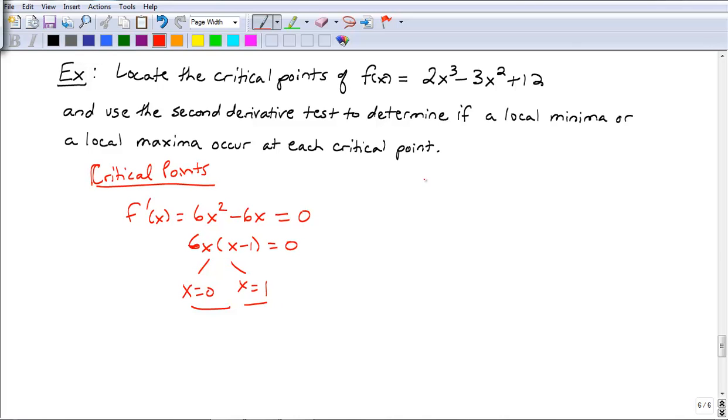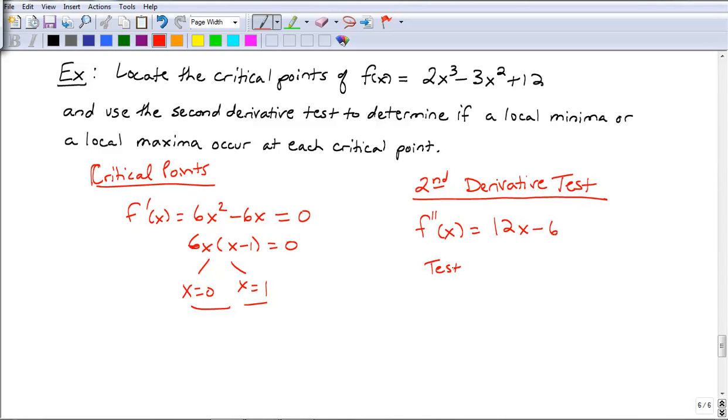Now to use the second derivative test, what is this test for? Well, it tests to see if maxima or minima occur at these critical points. So to use the second derivative test, I have to take the second derivative, which is 12x minus 6. And then I test my critical points that I found before. I plug in 0 into the second derivative.